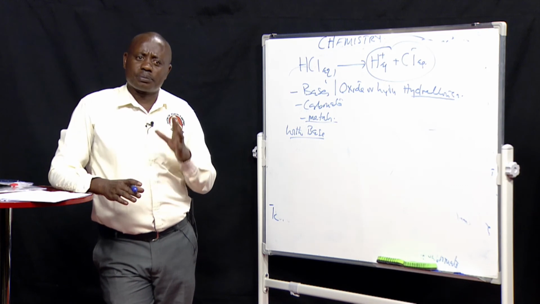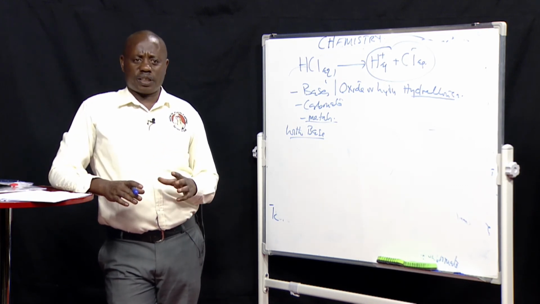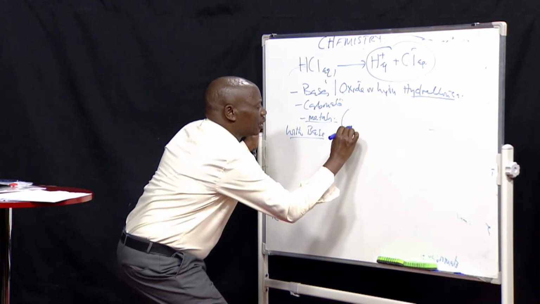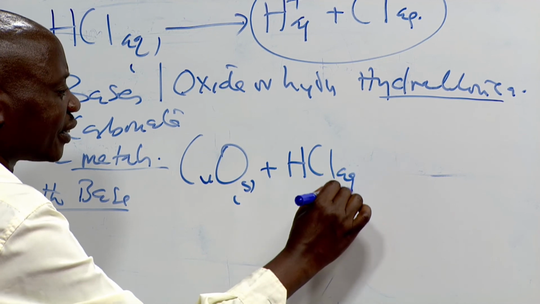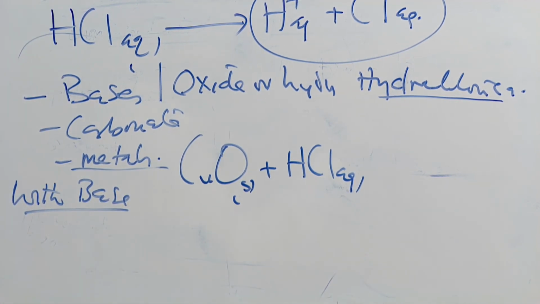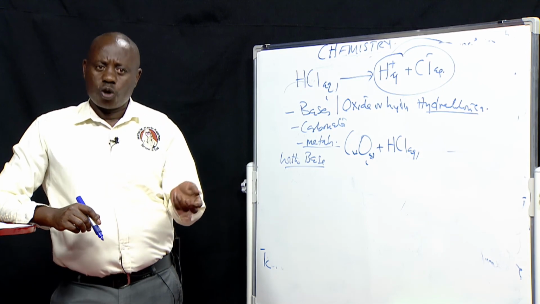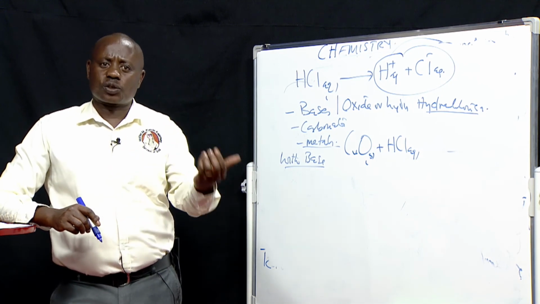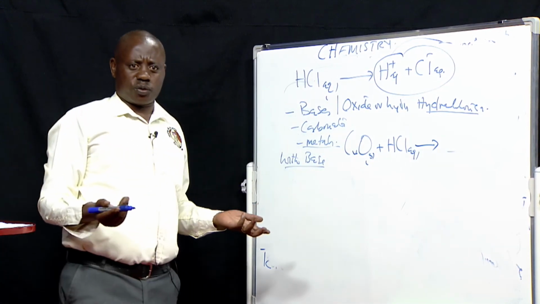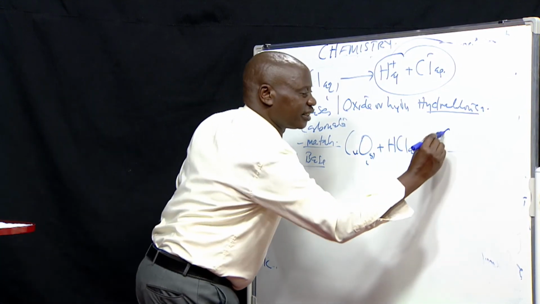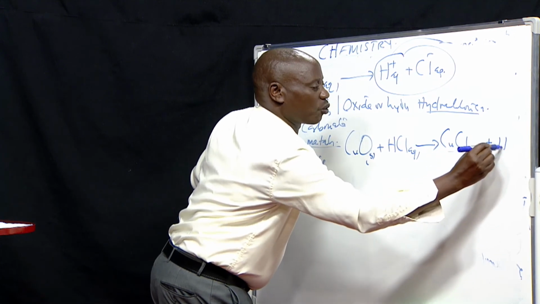Something must have happened, a process, and that process is dissolving. We said when we were studying alkalis and acids that a base reacts with acid to form salt and water. In this case, the salt is copper 2 chloride, plus water.